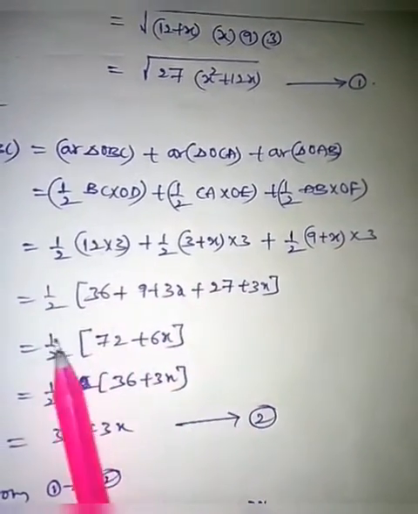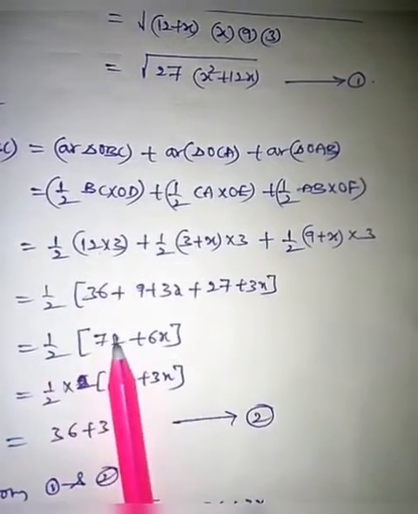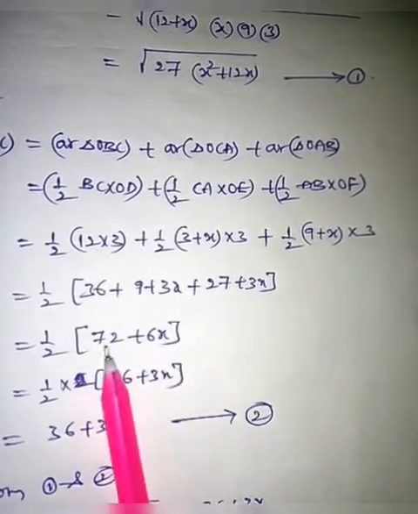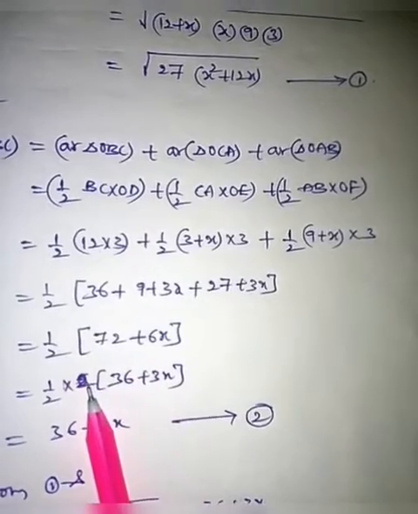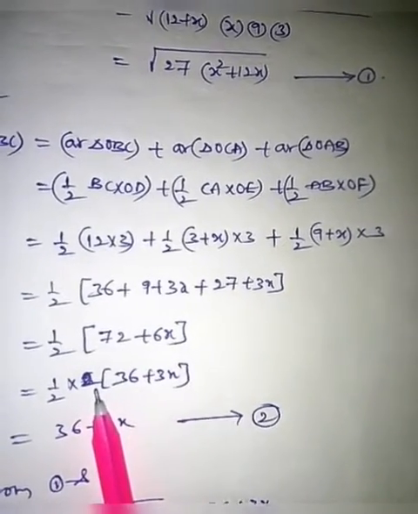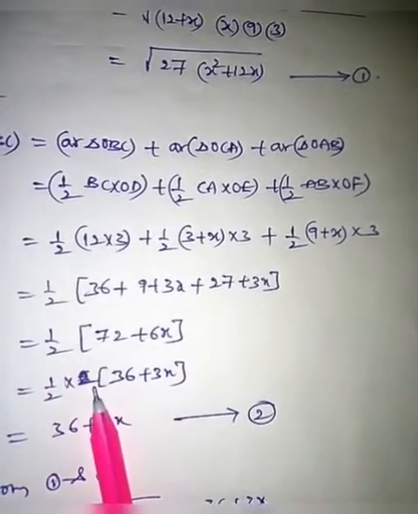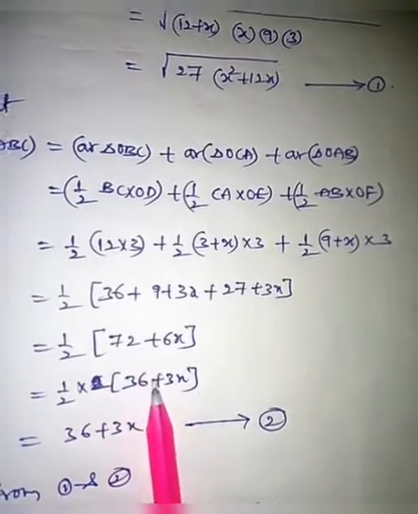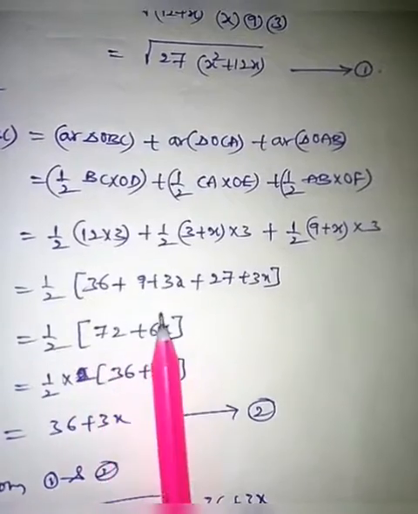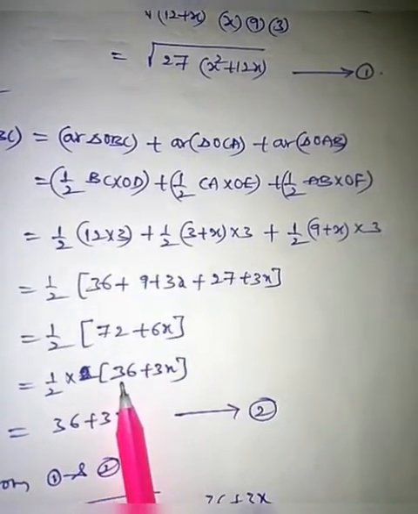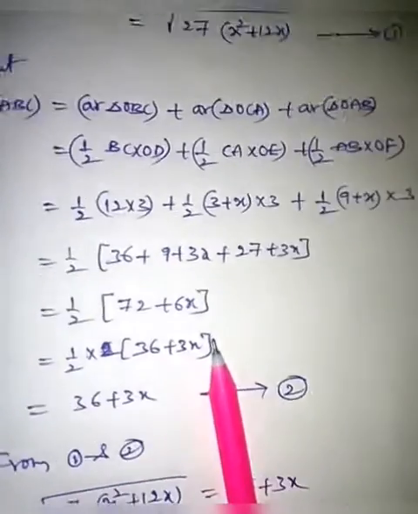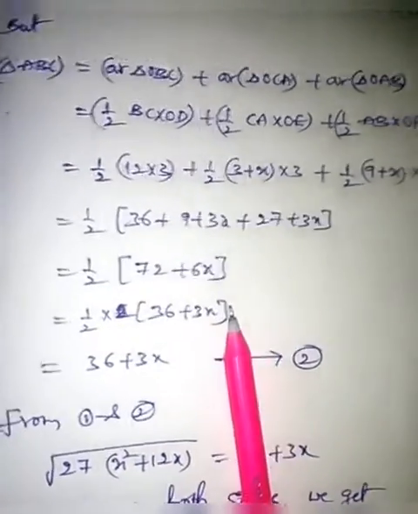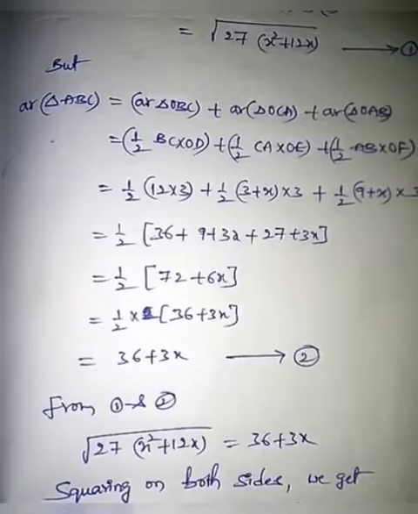And if you simplify this, the entire value will be half into 72 plus 6x. 72 plus 6x, these are two multiples, that's why we can take 2 as common. So I took 2 as common, that is half into 2 into 36 plus 3x. Here the 2s get cancelled, so the remaining answer will be 36 plus 3x.